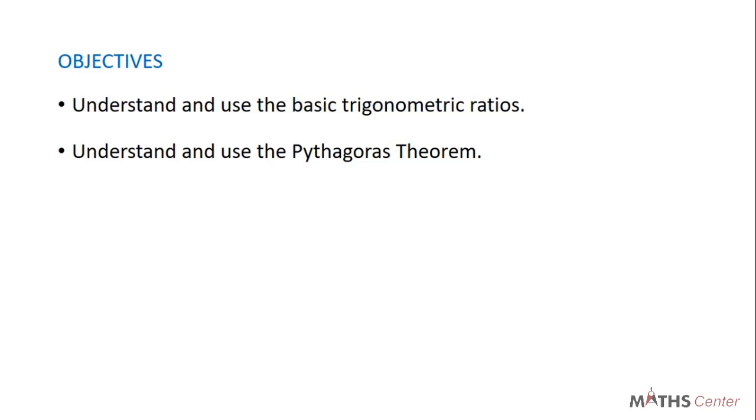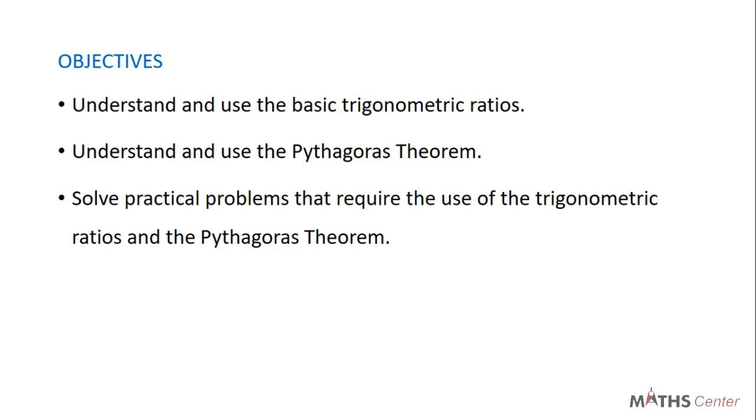You should be able to understand and use the Pythagoras theorem. And you should be able to solve practical problems that require the use of the trigonometric ratios and the Pythagoras theorem. So, our studies on trigonometry will be mainly centered on the trigonometric ratios and the Pythagoras theorem.